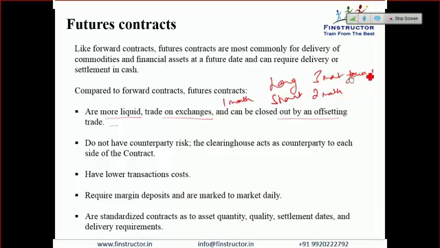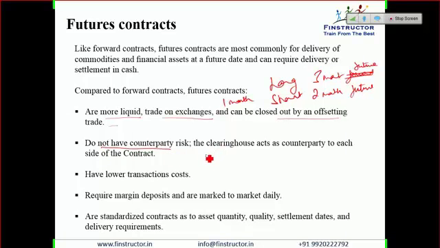But if you long a 3 month future, you can very easily close out this position by shorting a 2 month future, because both the long and the short position are against an exchange. So these offsetting trades on a future do not have counterparty risk.